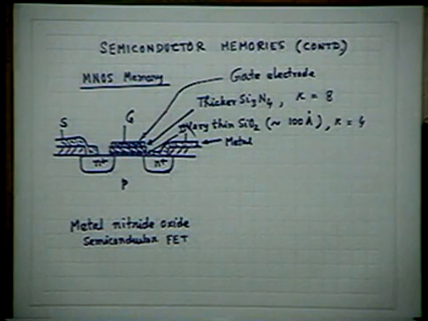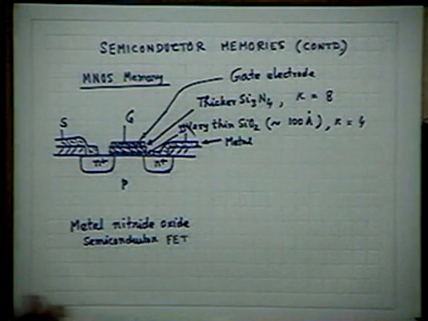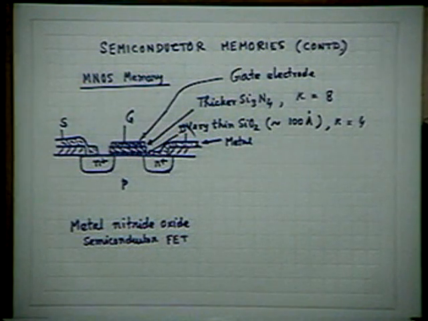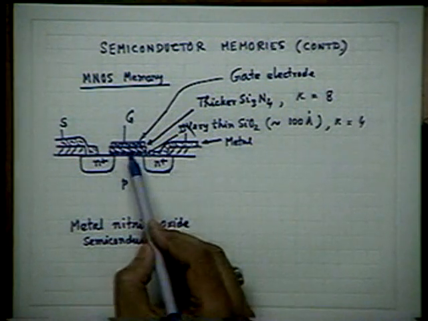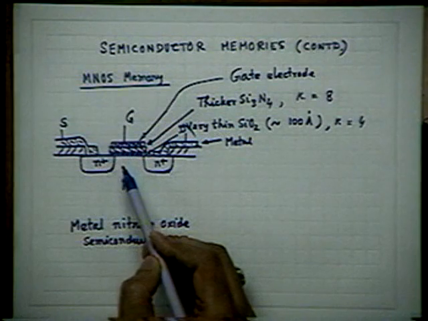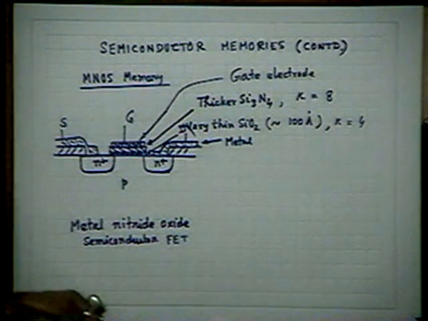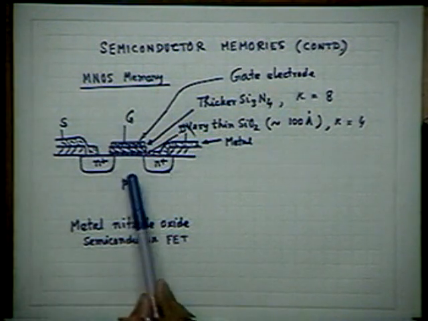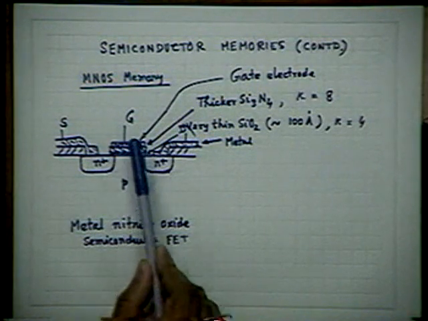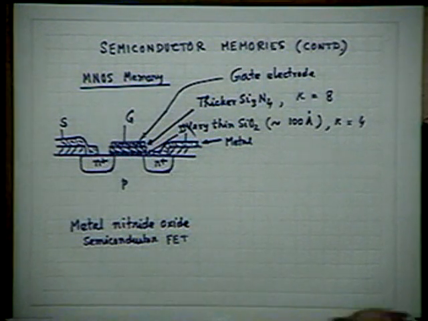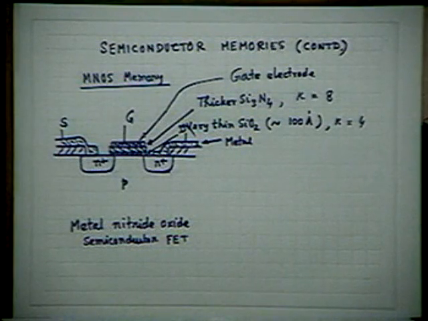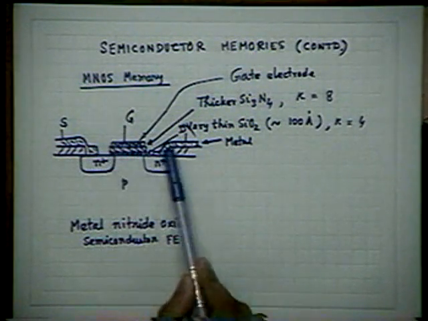In the interface between the two dielectrics, there are a lot of traps in the band gap. As a result, most of these electrons injected from the semiconductor into the dielectric by tunneling will be trapped in the interface.